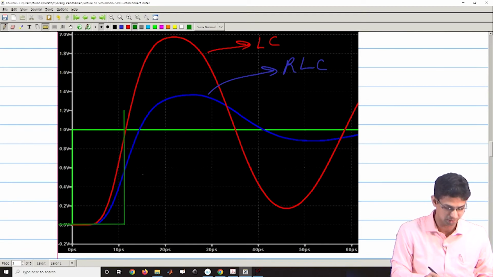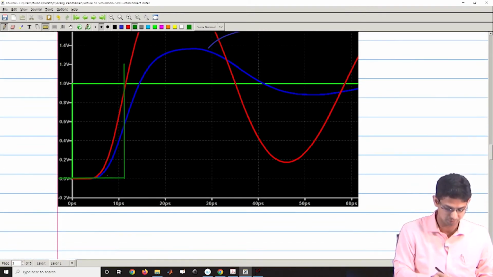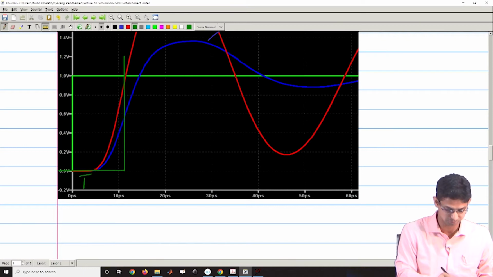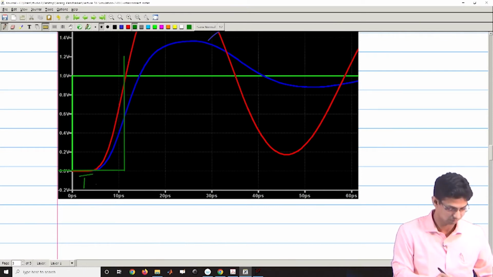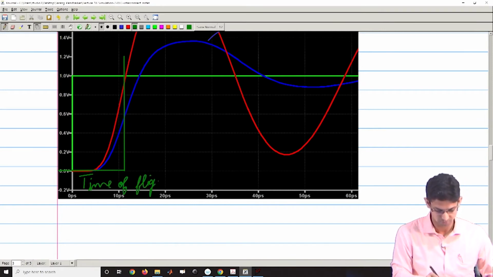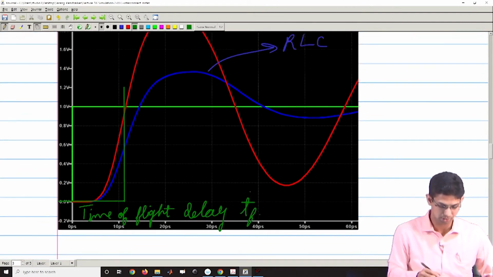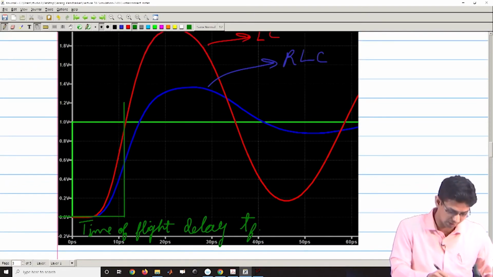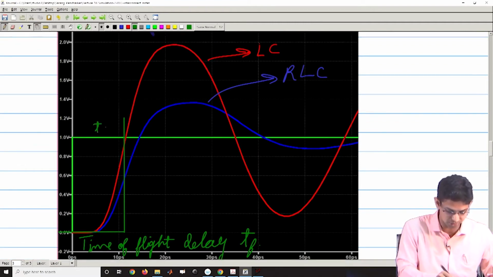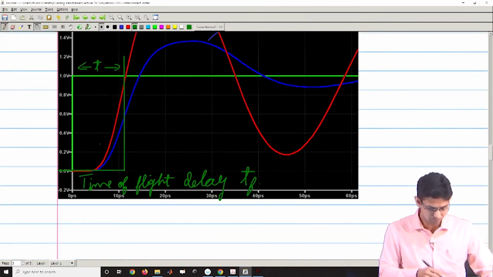So I would have expected that there would be a time of flight delay, TF, right. But in this case I am not getting it directly like this, but what we can do is check what this delay would be and whether it coincides with the theoretical value which we can compute.